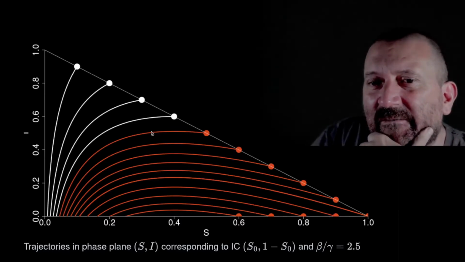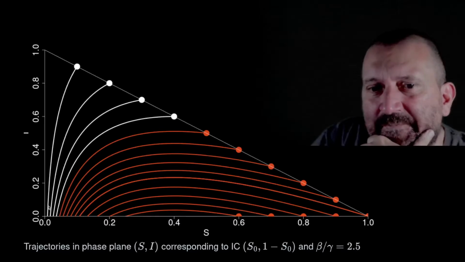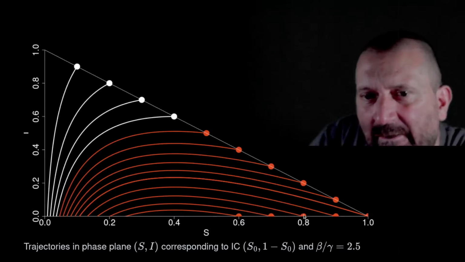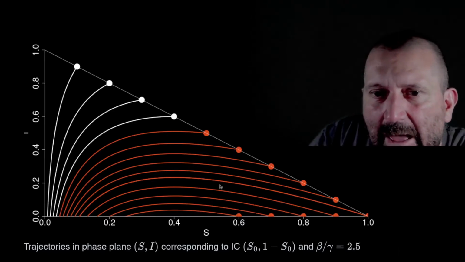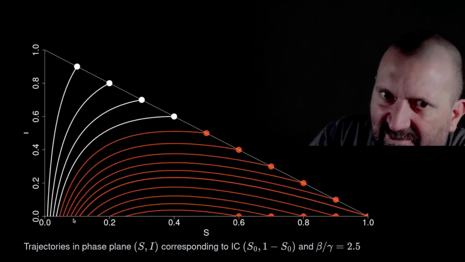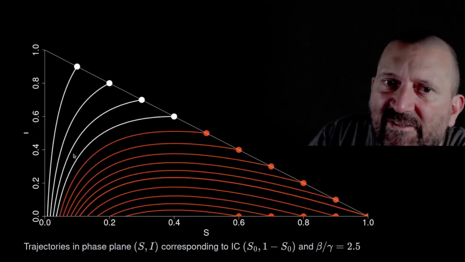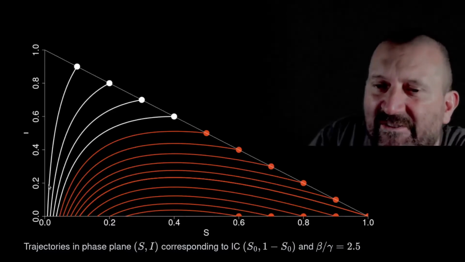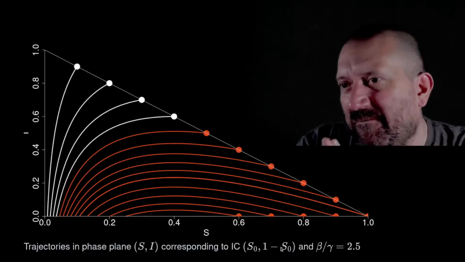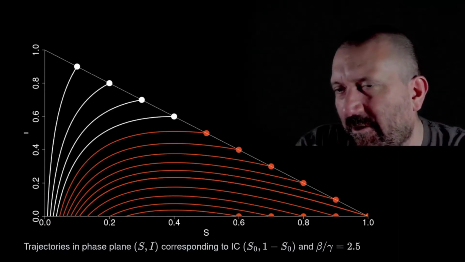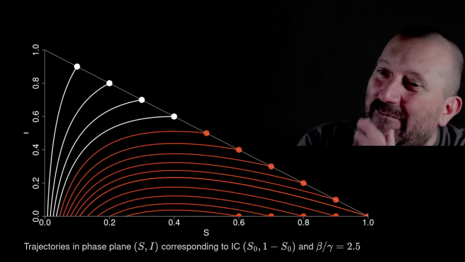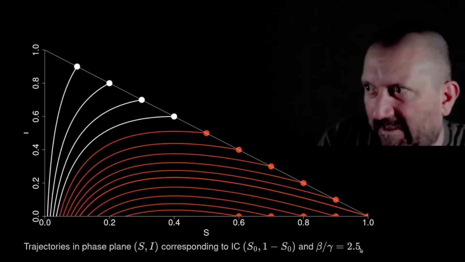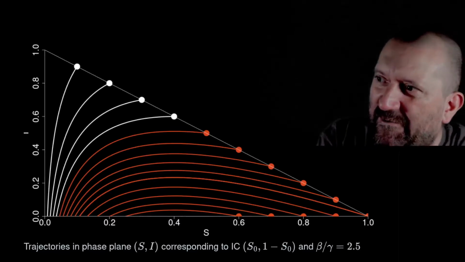And what you can see is there are two different behaviors here. For all the red ones, I start with a certain value of I, and then I increases and then decreases. Whereas the white ones all have I always decreasing. This is a very arbitrary example. This is not exactly what we'll observe in real life, because here I've set this ratio beta over gamma to a given value, and I'm playing with the initial conditions.